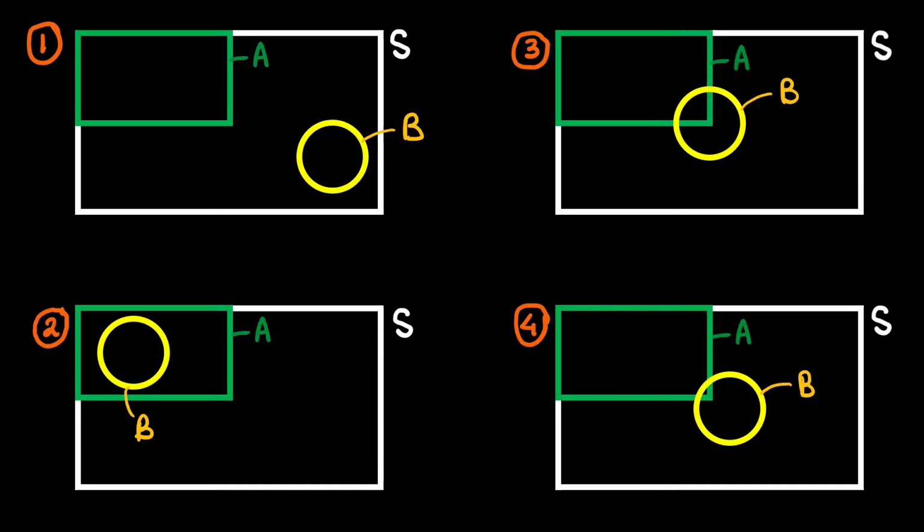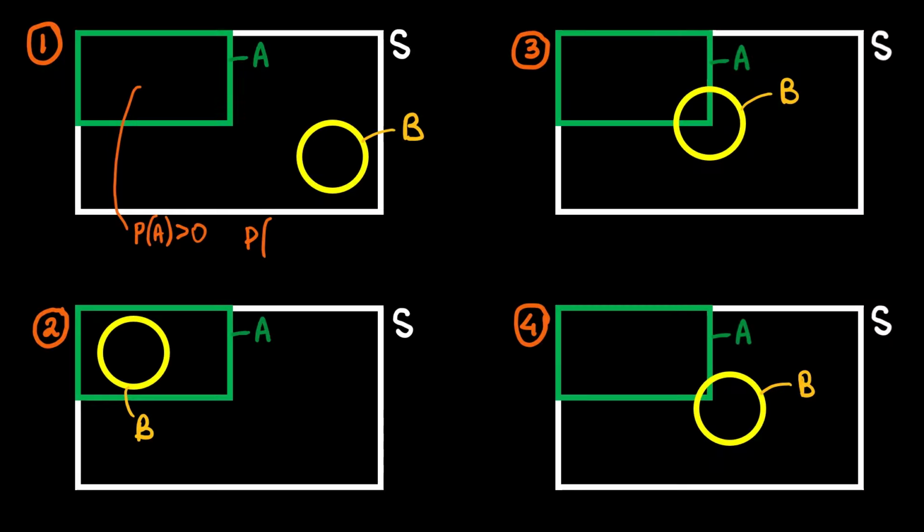So let's look at the first one. Notice that B and A are disjoint in 1. They do not have any points in common. And notice that the probability of A must be greater than 0 because A is definitely not the empty set. There are points inside there, right? Okay, so the probability of A is greater than 0.